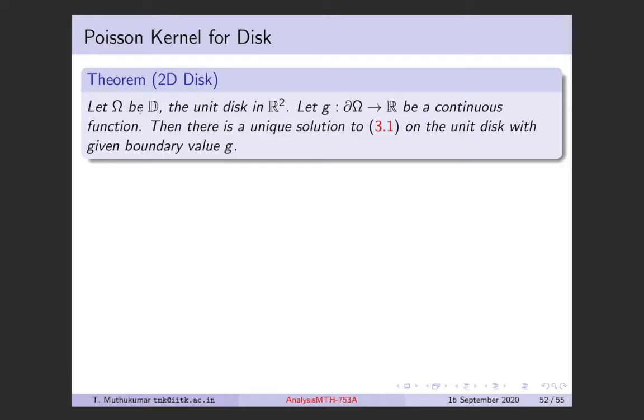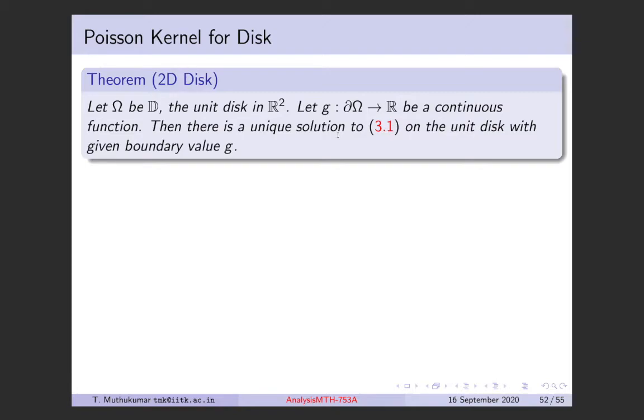So if omega is your unit disk, and if g is a continuous function on the boundary of the disk, then there is a unique solution to the Dirichlet problem. 3.1 is the Dirichlet problem that I showed you, that is Laplacian u equal to 0, and on the boundary it's equal to g. So that problem on the unit disk, when omega is D, admits a unique solution.